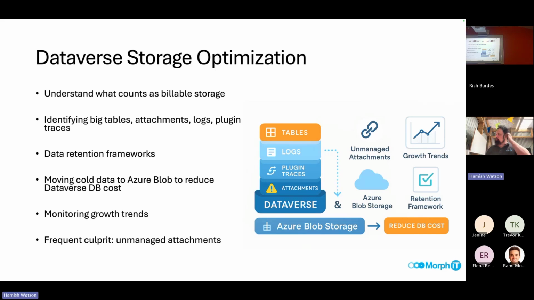And so again, we want to remove unnecessary data and avoid capacity-based pricing escalations. What I'm saying here is it's not about deleting valuable data. It's actually about storing it where it belongs and avoiding, again, premium tier storage for low value records.